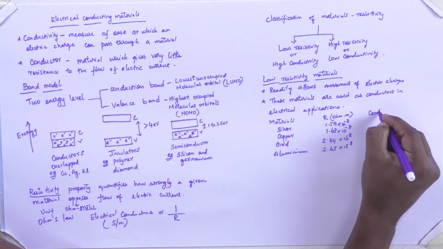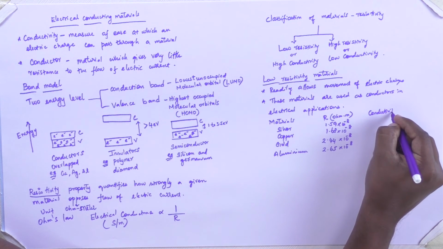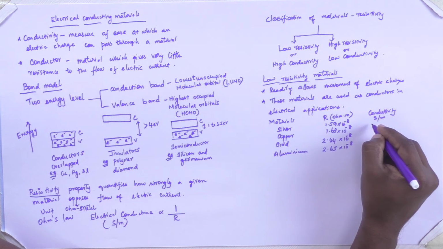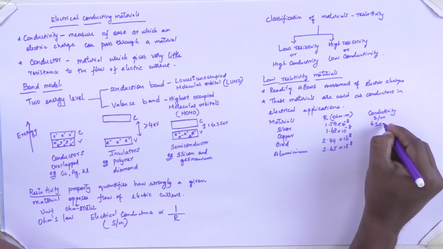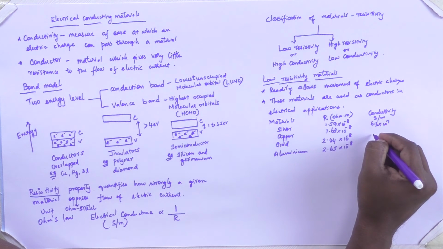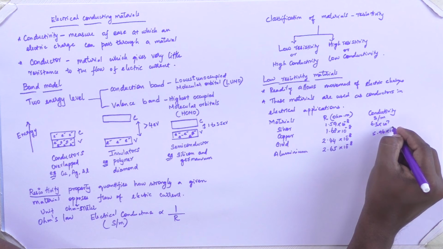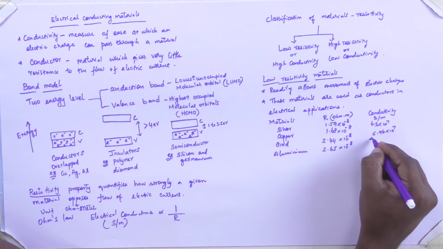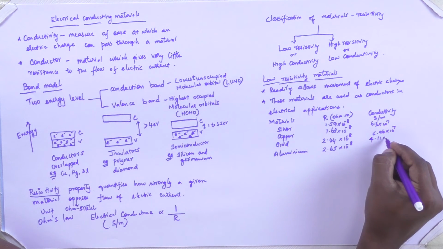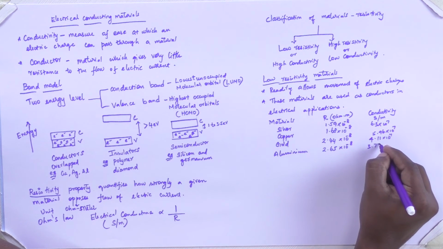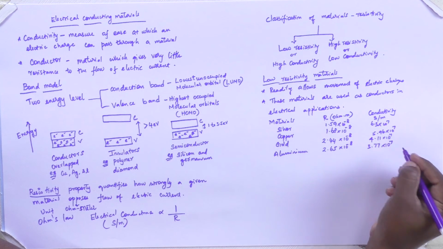Their conductivity values are in Siemens per meter. For silver it is 6.3 into 10 power 7. For copper it is 5.96 into 10 power 7 and for gold it is 4.11 into 10 power 7 and for aluminium it is 3.77 into 10 power 7.